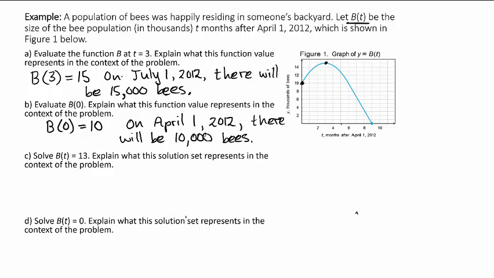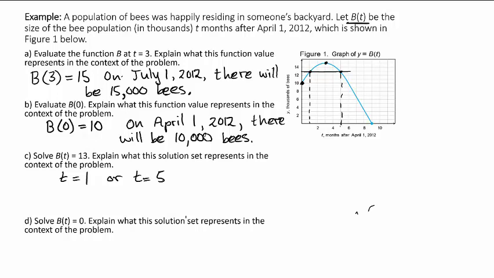So the first thing that I would do, since I know the output value is 13, is draw a little horizontal line right here at 13.